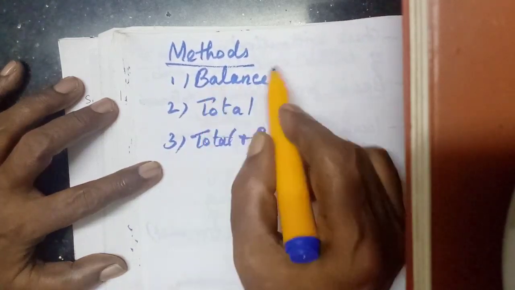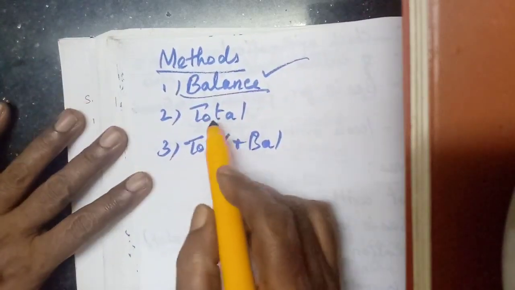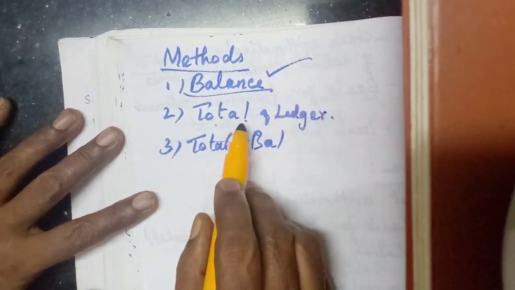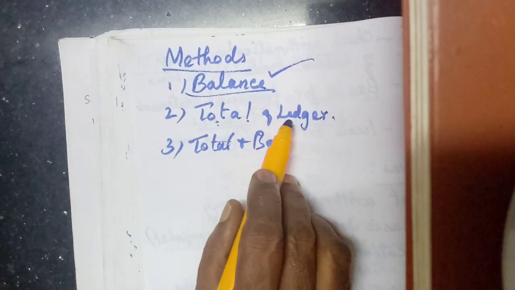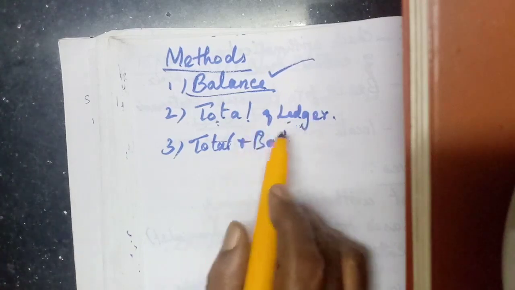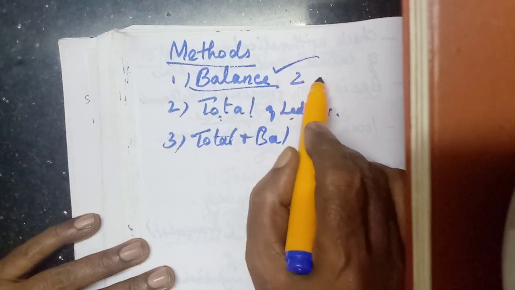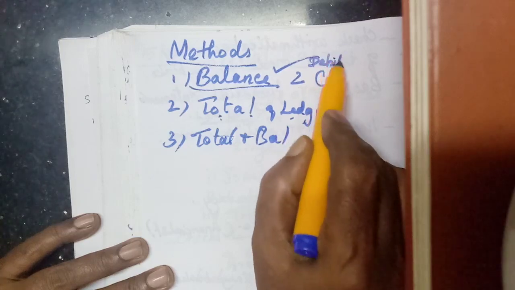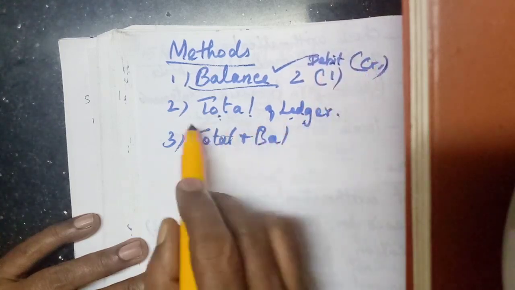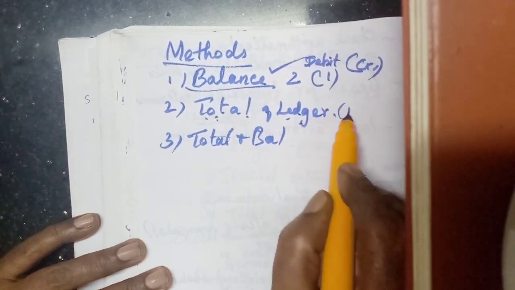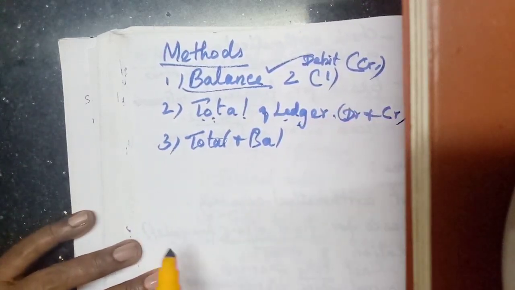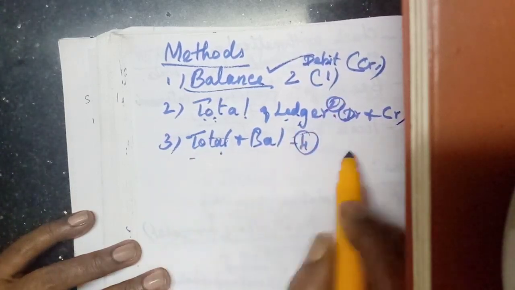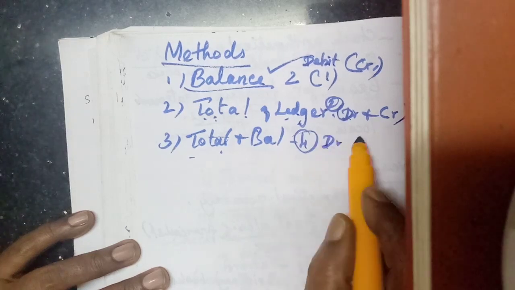In the total method, the total of the ledger account will be entered: the debit side total and the credit side total, so there are two amount columns. Here both the debit total as well as the credit total are written. In the total and balance method, there are four columns: total of debit and total of credit.